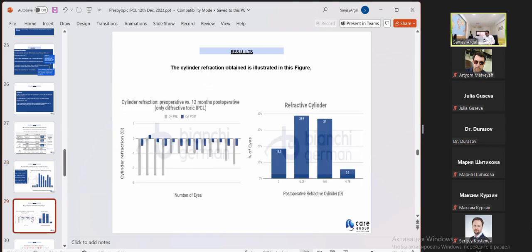And here is the real outcome. After 12 months, the number of eyes, the cylindrical refraction, post-operative refraction, if there is any change in the cylinder. Здесь вы видите изменение цилиндра через год после имплантации.